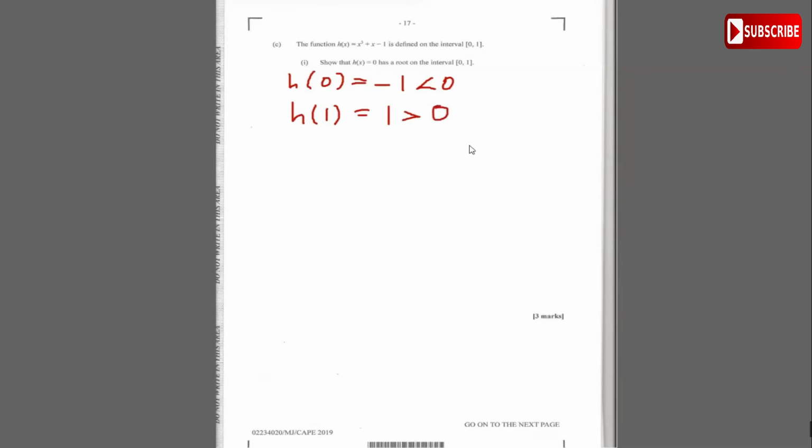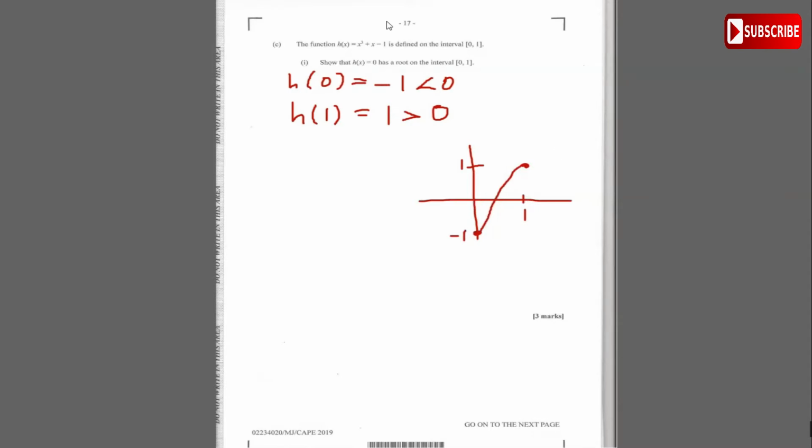Now, if you're to draw a sketch of this function, then when x equals 0, y is negative 1. And when x equals 1, y is 1. So if you're to draw a curve, it looks something like this. And so there must be a root between 0 and 1.